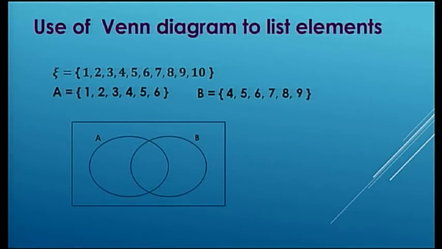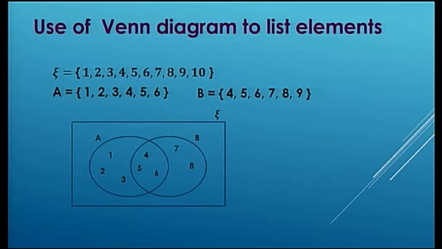First, we start with placing the common elements. 4, 5, and 6 are the common elements. After writing 4, 5, and 6, you are left with numbers 1, 2, and 3, which are elements of the set A. So you write the elements of the set A. Concerning B, you have already written 4, 5, and 6.